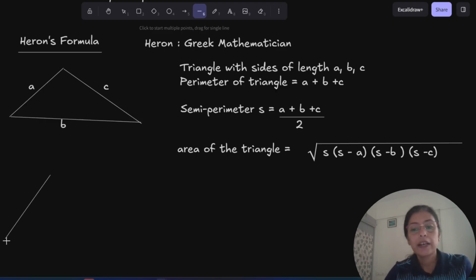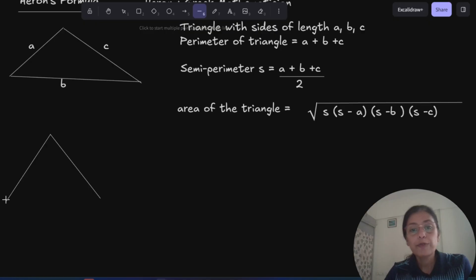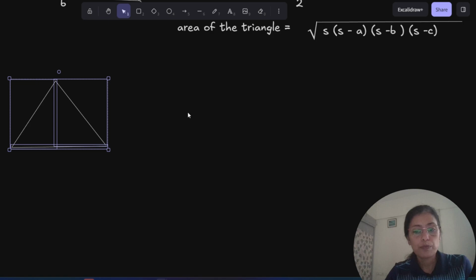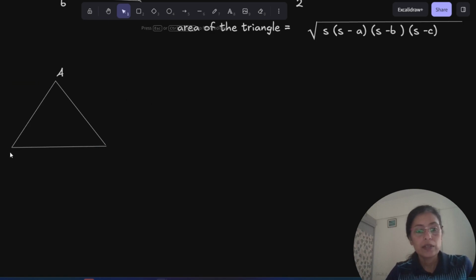Let's cover it here and see if Heron's formula and the earlier formula with base and height both give the same answer or not. So this is your example 3 of the book. I'll just pull it down a little. So this is an equilateral triangle.